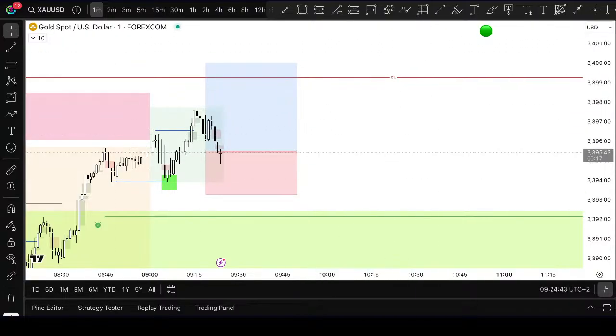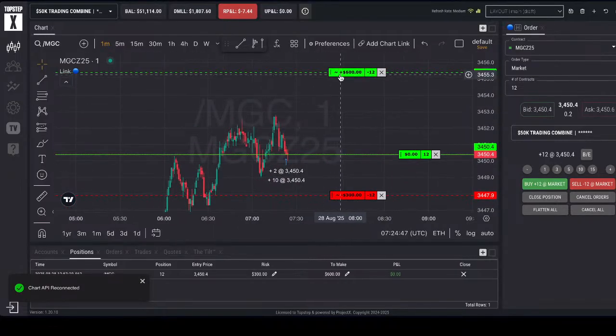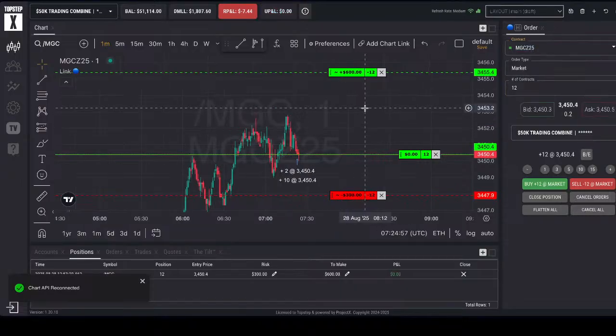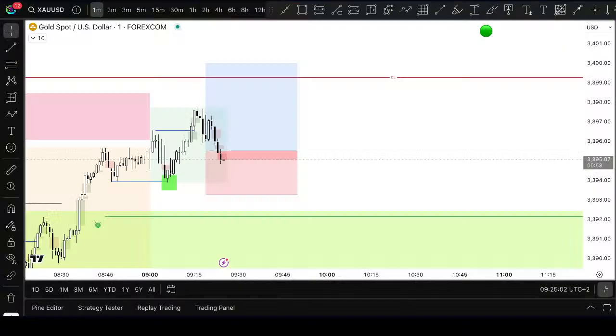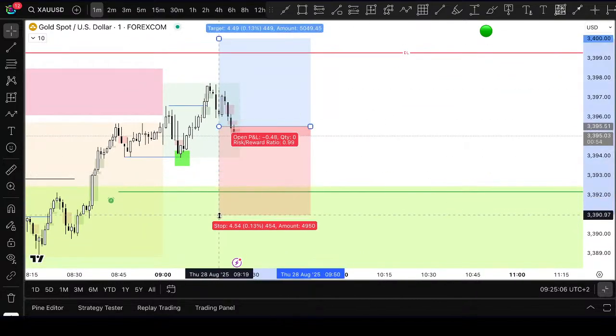We need to check whether our risk has been covered. Yes, it's $300, 10 plus 2, 600. Yeah, it is in gold. MGC, micro gold. It's fine. We have enough, I think our stop loss is kind of here or somewhere.